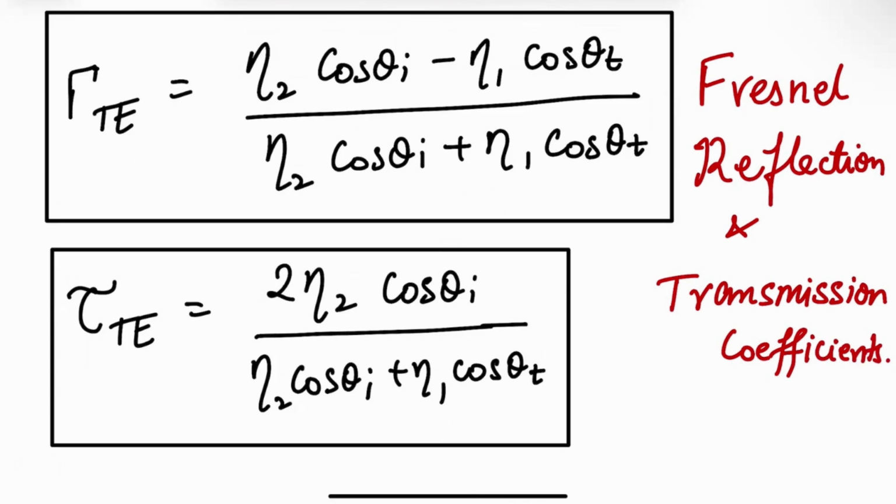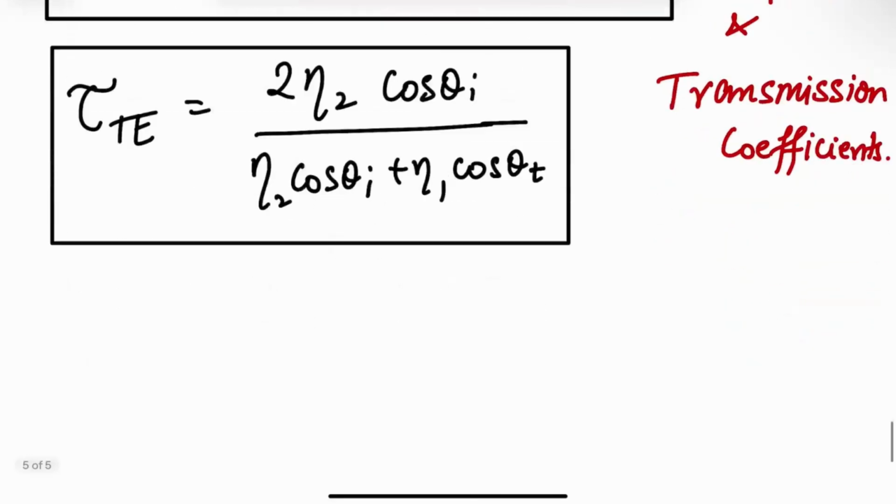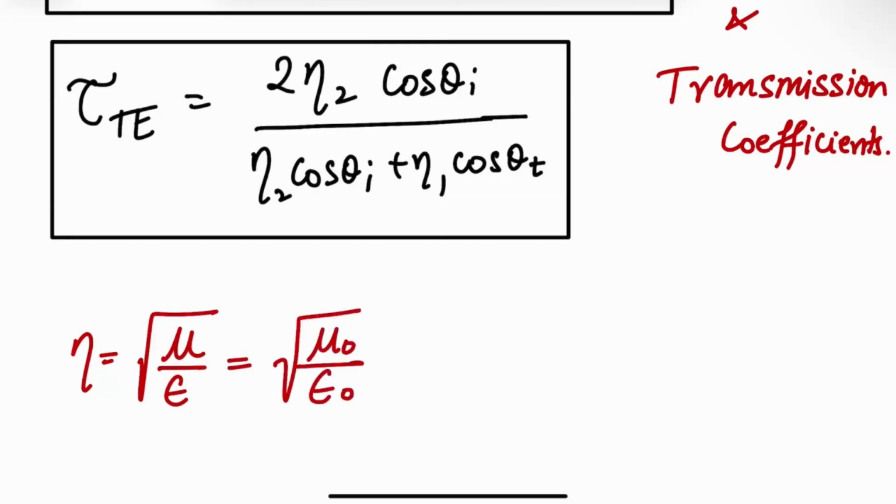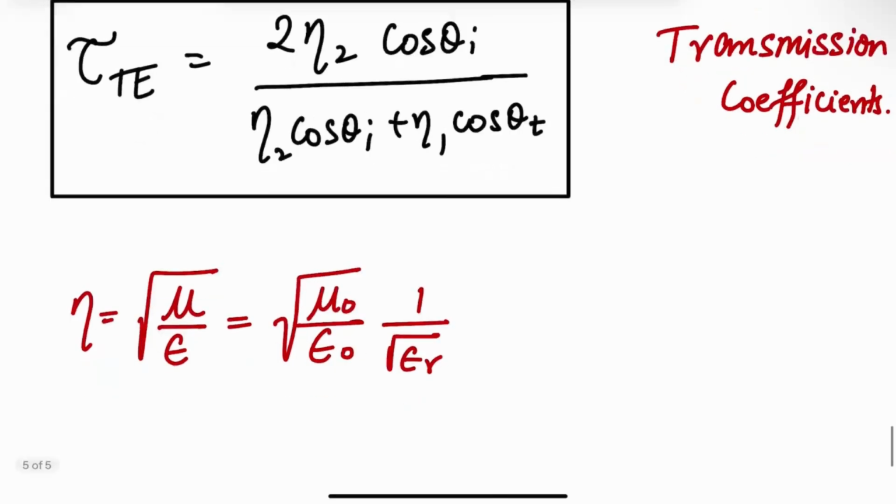Just recall that eta is nothing but the square root of mu over epsilon. So in a dielectric medium where mu is equal to mu naught, this becomes the square root of mu naught over epsilon naught times 1 over square root of epsilon r.